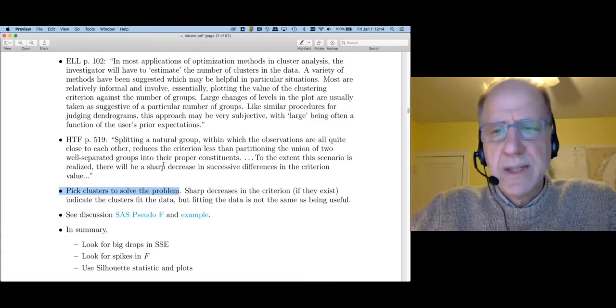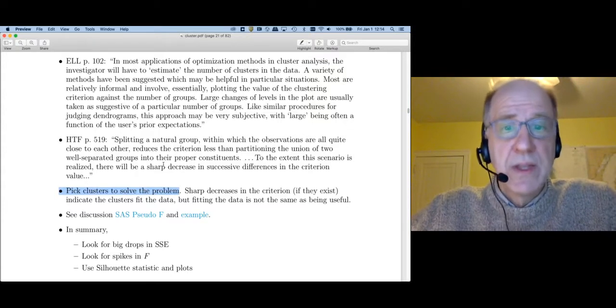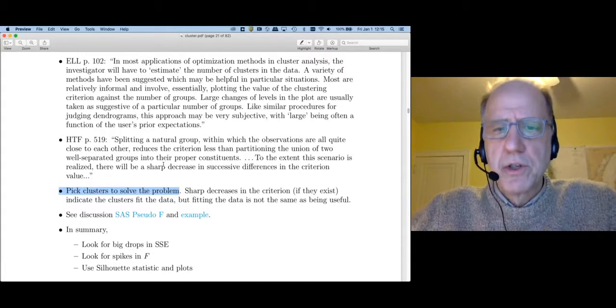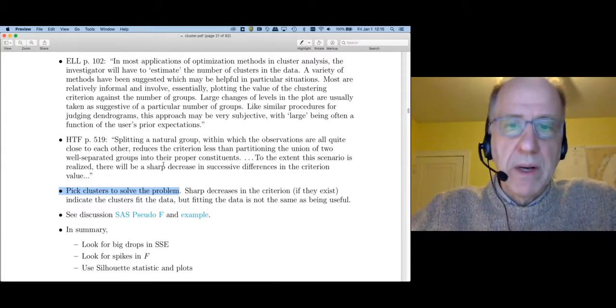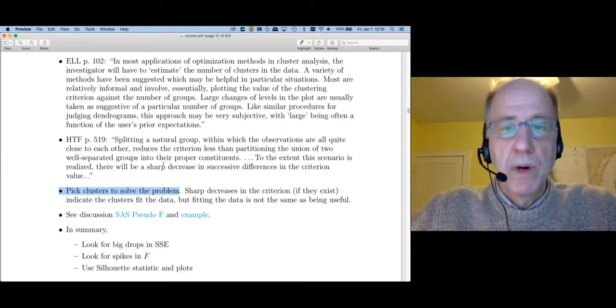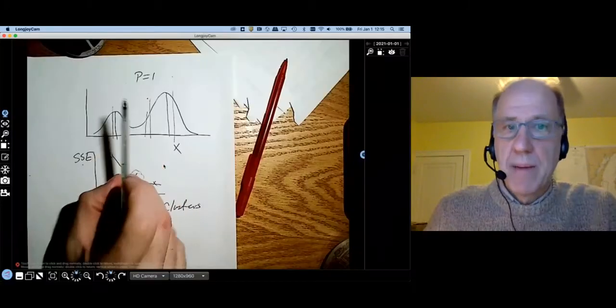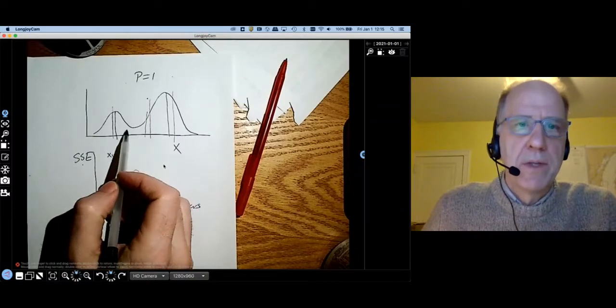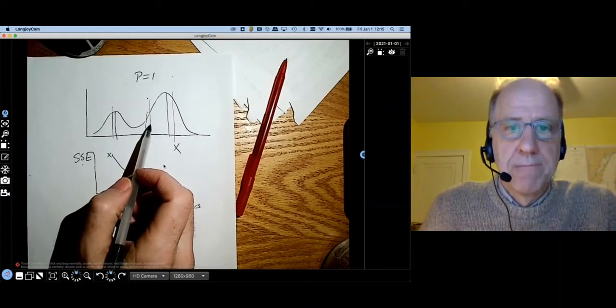So of course it's desirable if the clusters fit the data, because what that means is that the cluster solution is going to be less sensitive to sampling variation. If you'd drawn a different sample of data, you'd come up with roughly the same clusters. The problem is you usually don't have such distinct modes like this.